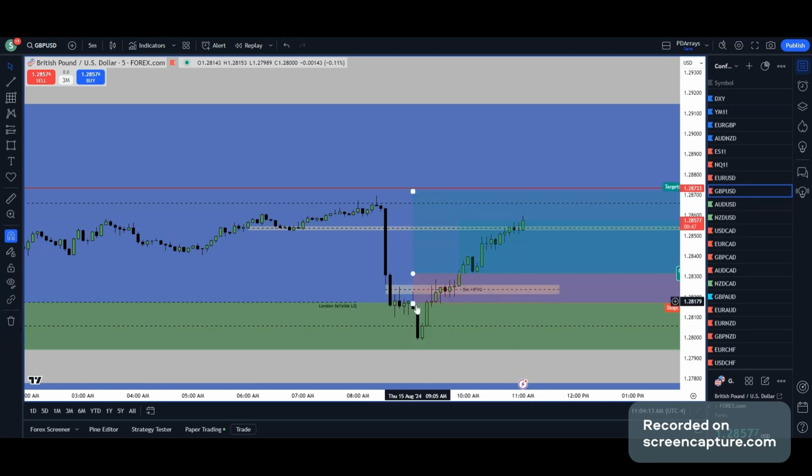And then once that happened, I was monitoring this high as well as this inversion fair value gap, because once I saw price close above this inversion fair value gap, I wanted to see price come back down and test it, but with this candle that formed, I was like, that's not likely to happen.